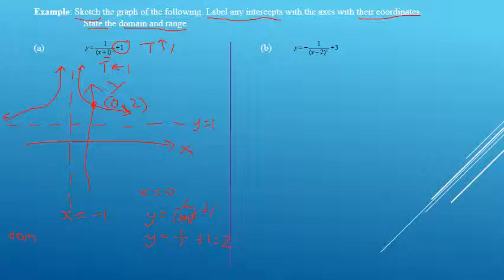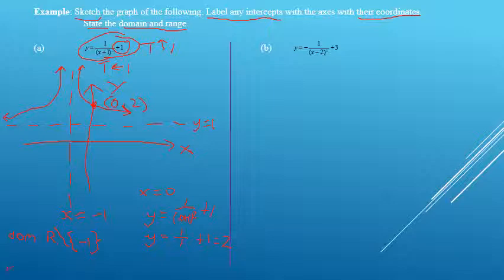I can put into this rule all x values, so we say R represents all x values, excluding, backslash, curly bracket, what x value are you not allowed to use? -1, because if I try and put -1 into this rule up here, on the bottom bracket, -1 plus 1 makes 0, and I'd be trying to divide by 0, which we can't do in mathematics. So that's why the domain is all real numbers excluding -1.